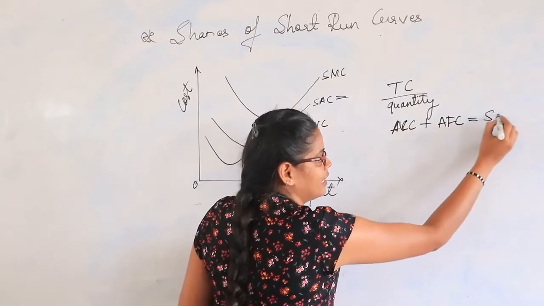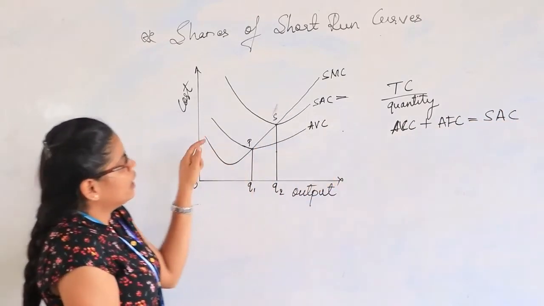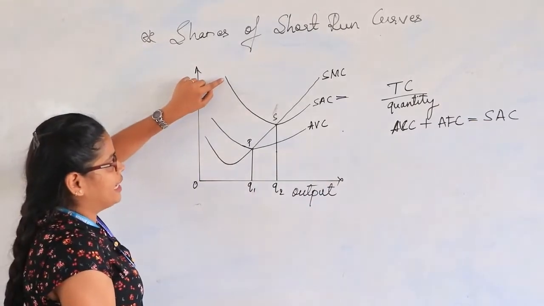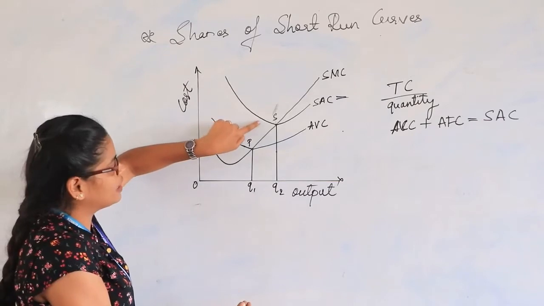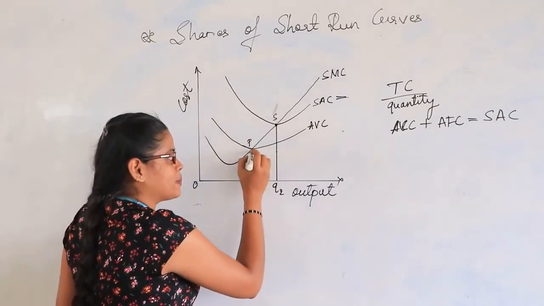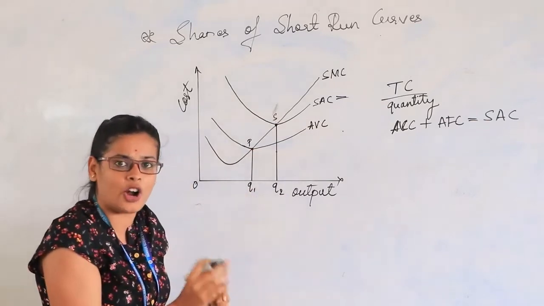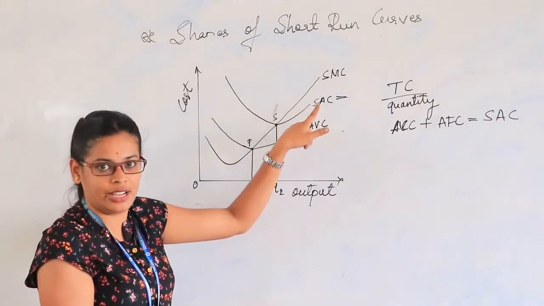With this we get the short run average cost. Initially you can see it is decreasing, and at a certain point, this point S and this point P are the minimum points, after which it has to increase.